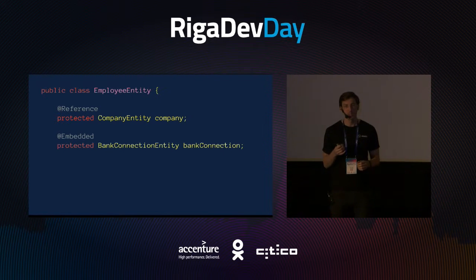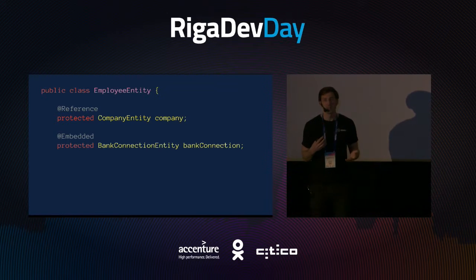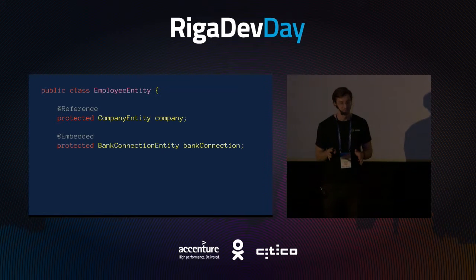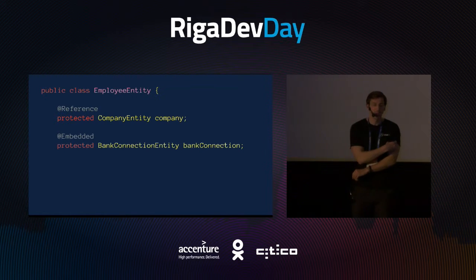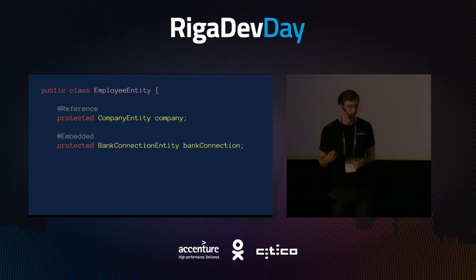For example, a person has a bank account, and the bank account is absolutely tied to that person, so you can simply store it inside that person. On the other hand, something might be in some way connected, like an employee and a company. But these are two independent things, and you cannot really embed the company inside the employee, and you cannot embed all the employees inside a company because it just would be too big and doesn't make sense.